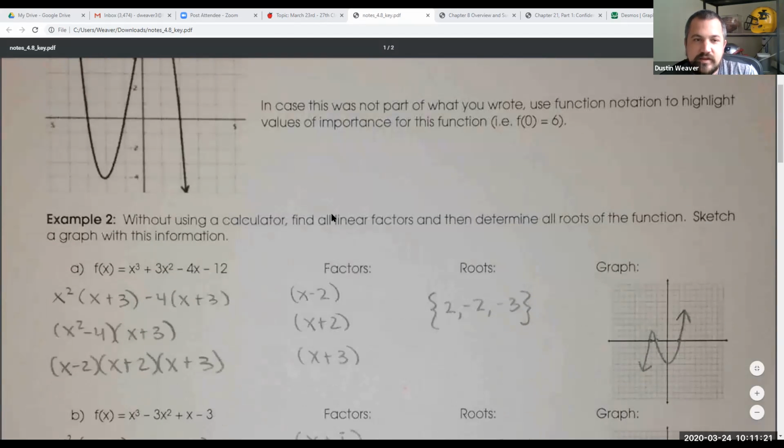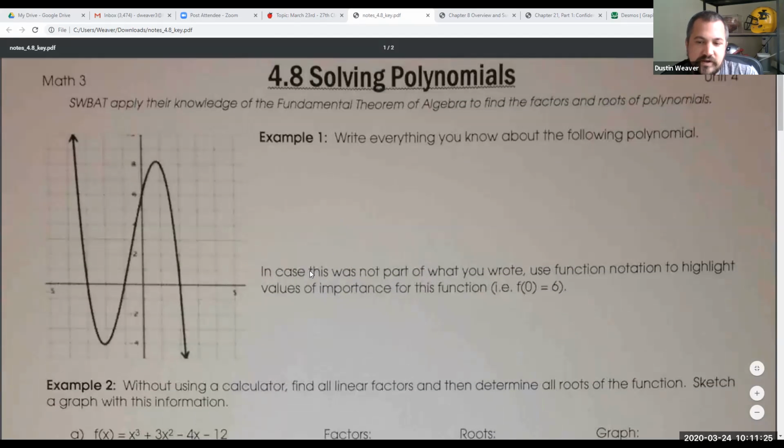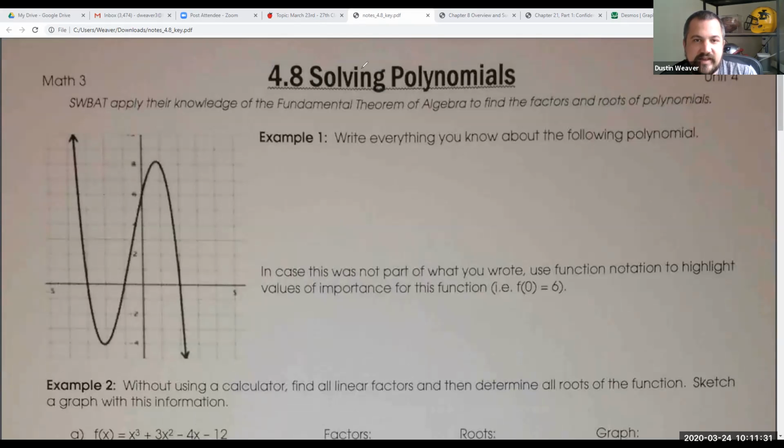All right. Now it says highlight the values of importance. All that's saying is, on your graph, if you'll just do like me here and highlight these, and I'll draw it. If you'll highlight the 6, it is very important, so you want to circle that. That's our y-intercept. This is an important part here because that's one of our zeros, -1. This is important, that's -3.